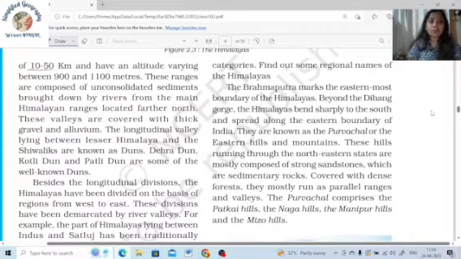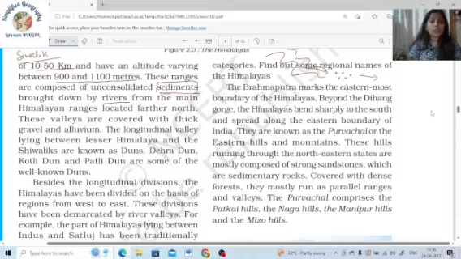Shiwaliks have a width of 10 to 50 kilometers and an altitude of 900 to 1100 meters. These ranges are composed of unconsolidated sediments brought down by the rivers. As we know, from the mountains rivers come down, eroding and moving forward. While eroding, the cut materials are deposited, right? These cut materials are called sediment.